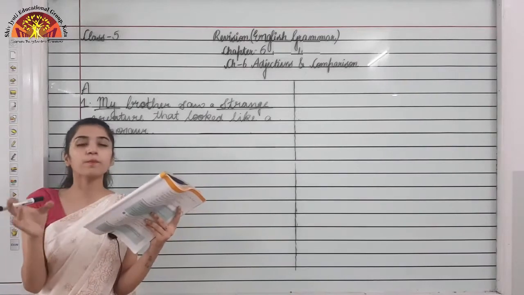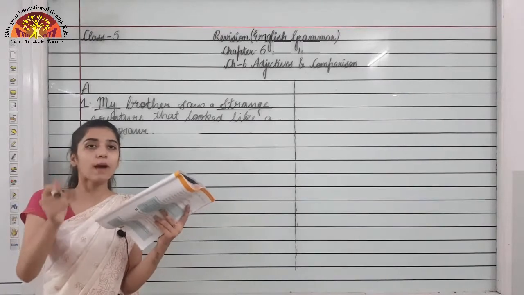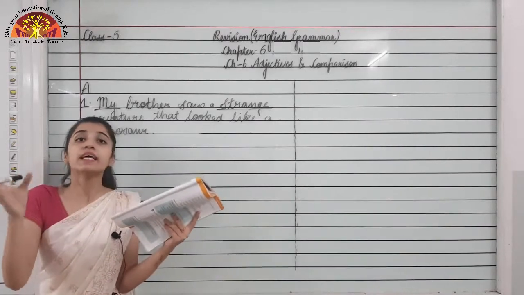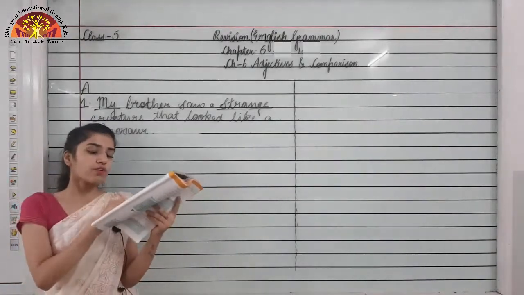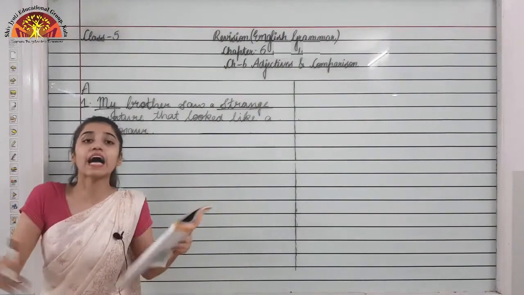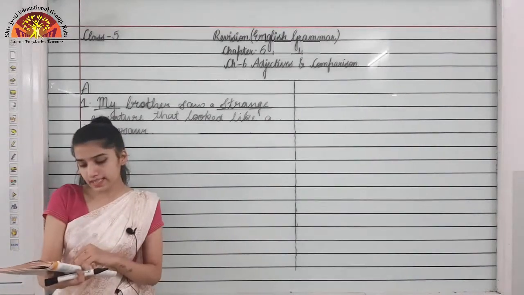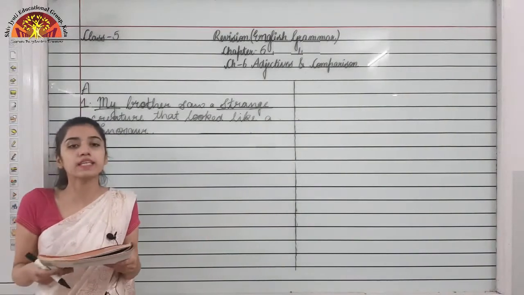The most appropriate adjective that would replace the red words, able to capture her interest, would be what? Interesting. So we will rewrite the sentence as, Sonalika likes to read books that are interesting.